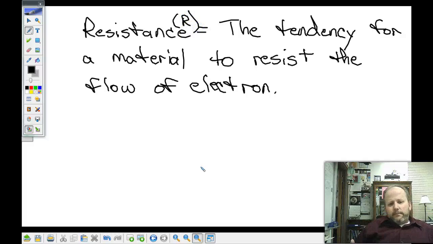Well, that sounds like a bad thing. Resistance is why we use electricity. If there's resistance to electrons going through a wire, that resistance may cause heat, and we get a heater. That resistance may cause electrons to vibrate, and when electrons vibrate, they create light. That light could be a light bulb.